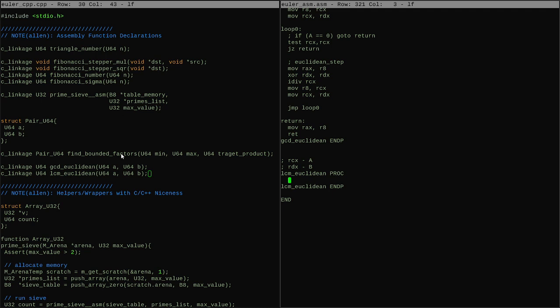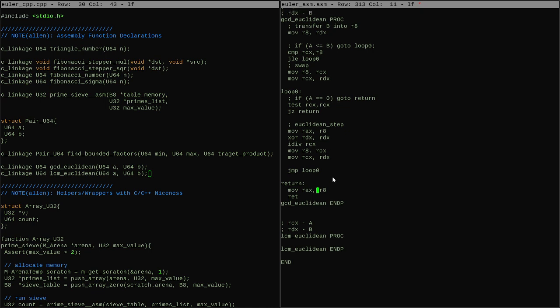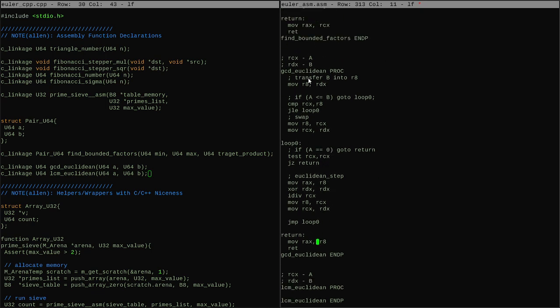So I'm going to move, yeah, we need, it's a little bit annoying, right? Because what's going to happen here is this is going to trample all the values I've got.